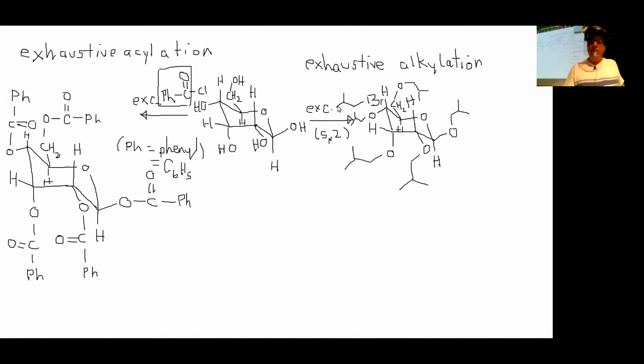In any case, we've learned how to replace every single last one of these OH groups on a typical cyclic form of a typical D-aldohexose with alkoxy groups. In other words, how to convert all of the OHs to ether functional groups.